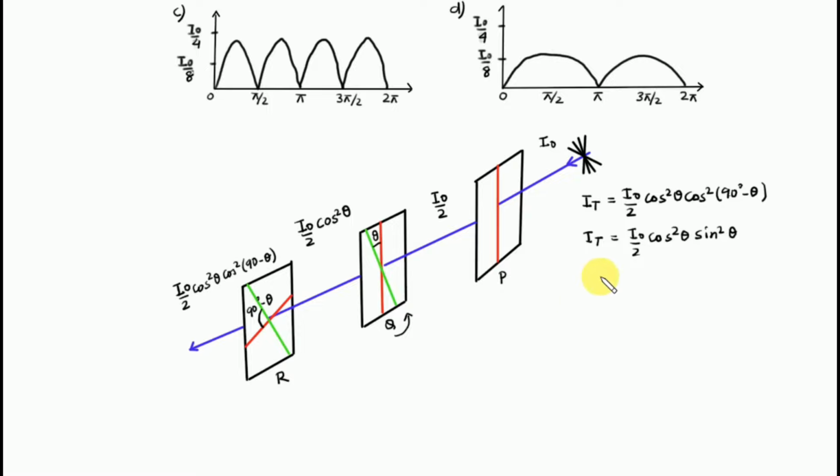Let us find out the values of theta for which this intensity I_T becomes 0.